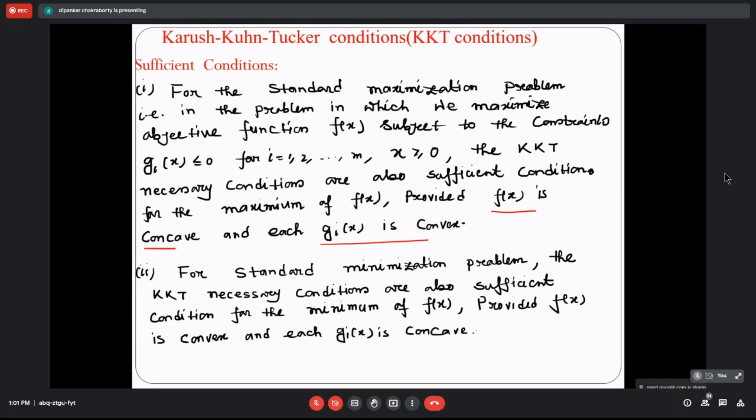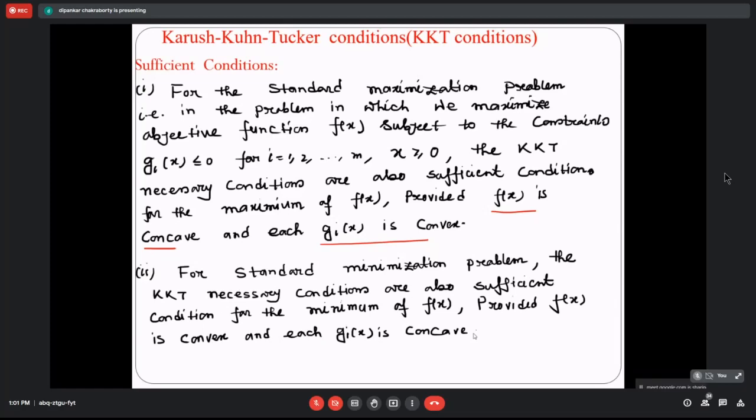Is it okay to all of you now? For the maximization problem, if it is a standard maximization problem, obviously, first of all, you have to check whether the problem is given in the standard maximization form or not. So for the standard maximization problem, the objective function must be a concave function and the constraints must be convex functions to check whether the necessary condition follows the sufficient condition or not.